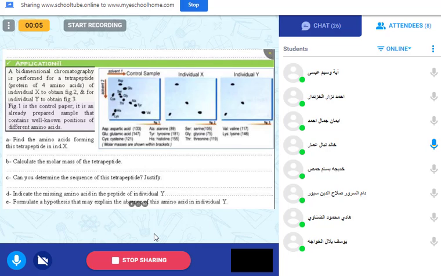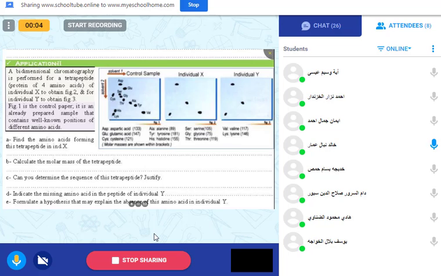A bidimensional chromatography is performed for a tetrapeptide. What do I mean, Khaled, by tetrapeptide? A protein formed of how many amino acids? 4 amino acids. Of individual X to obtain figure 2, and for individual Y to obtain figure 3. Figure 1 is the control paper.